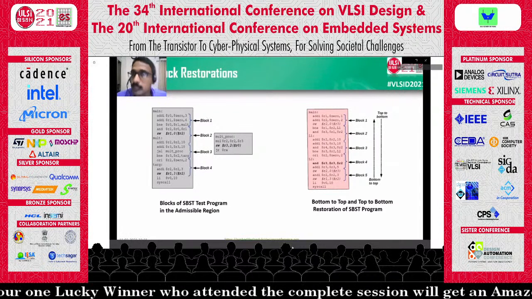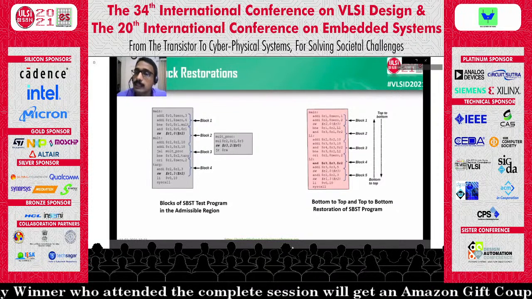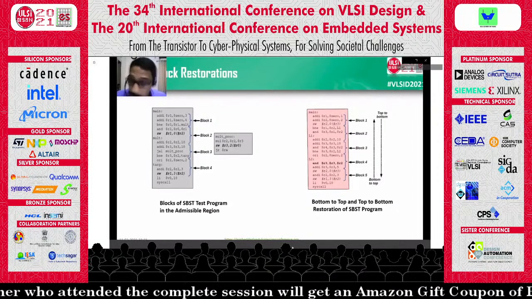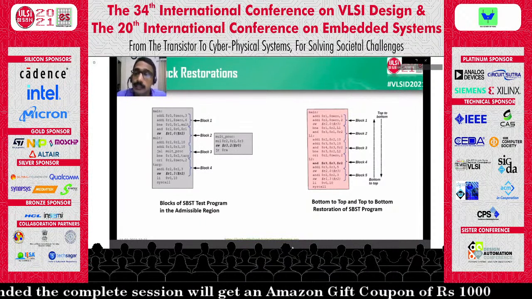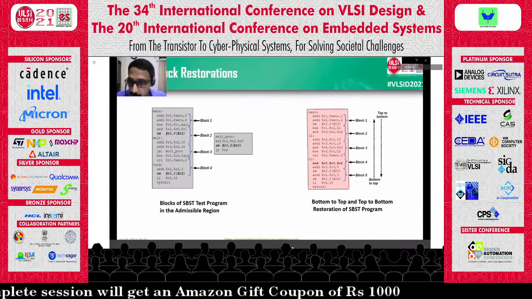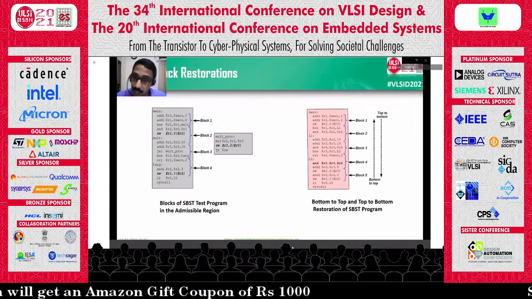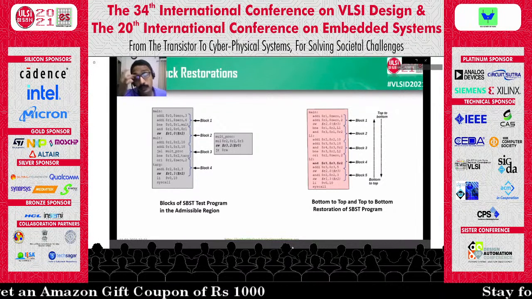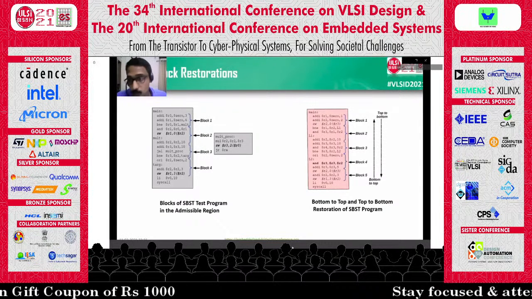But the advantage of the top to bottom method is that when you do the bottom to top method, some of the critical instructions in the lower blocks will be missed. Suppose in block 5 there is an instruction which can detect many of the reliant faults in the upper blocks. It may be removed during the bottom to top restoration.